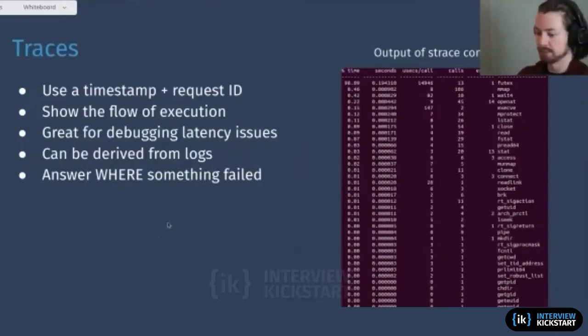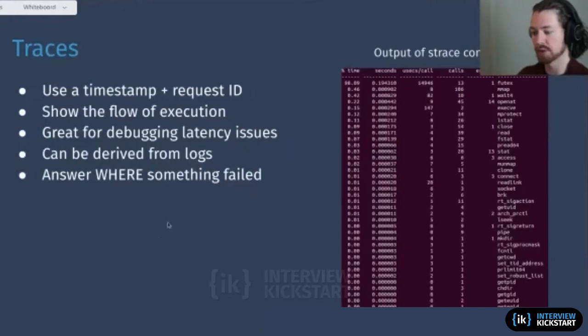Traces. Traces are a little bit like logging. You could extract traces from logging. You could also extract metrics from logging. But basically, we want to see, in a highly distributed system, where a request is flowing through that system.